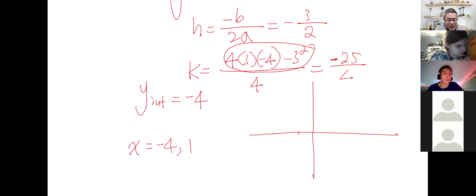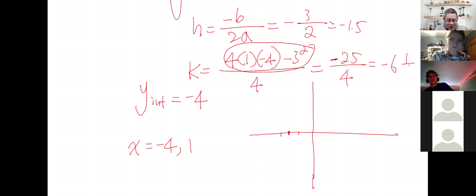So this is negative 1.5, and this is negative 6 and 1/4. So 1, 2, 3, 4, 5, 6, then that quarter. So we got here. And our y-intercept is negative 4. 1, 2, 3, 4. So it's here.